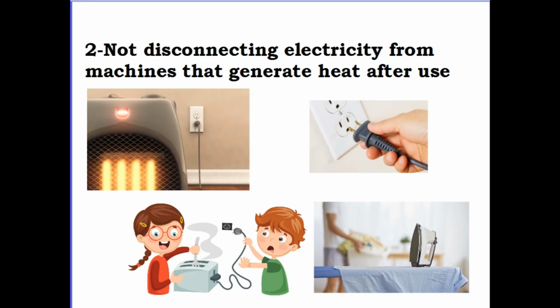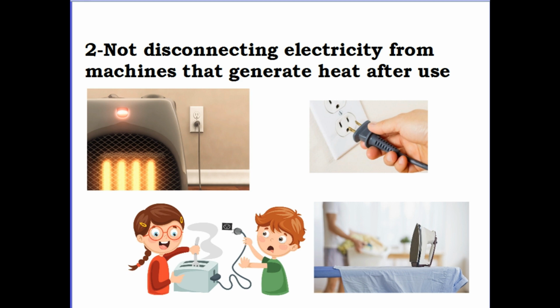Number two, or the second reason that causes electric fires, is not disconnecting the electricity from machines that generate heat after our use. After we use any machine that generates heat, you have to disconnect it.